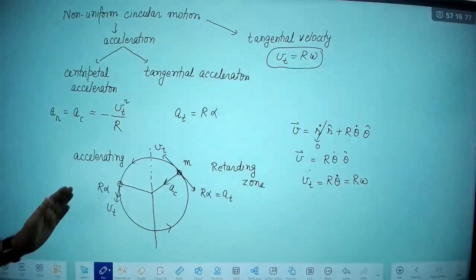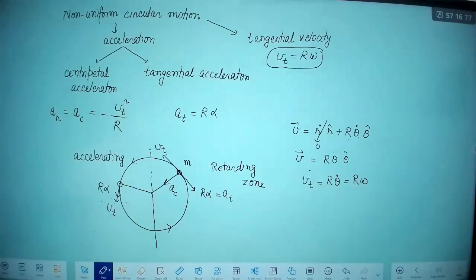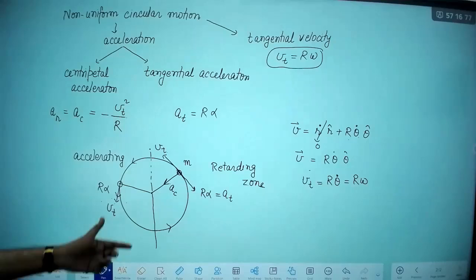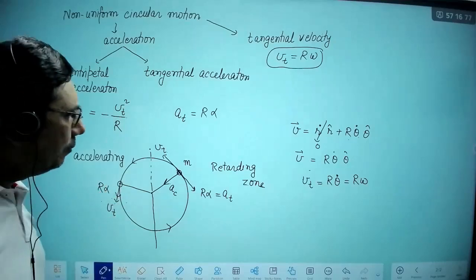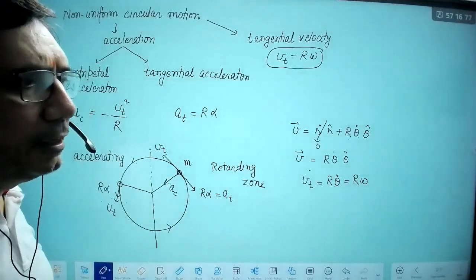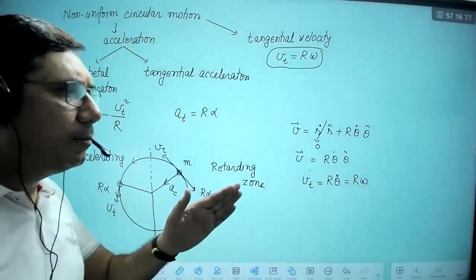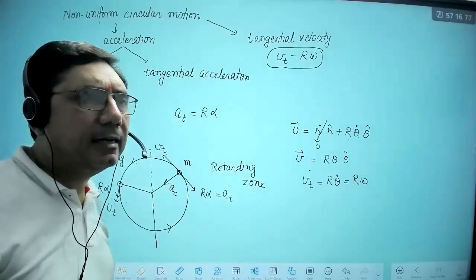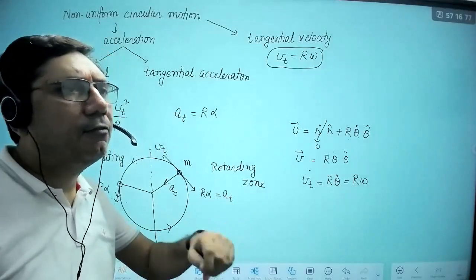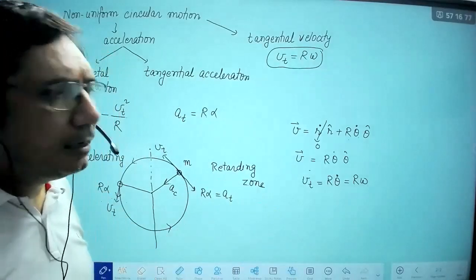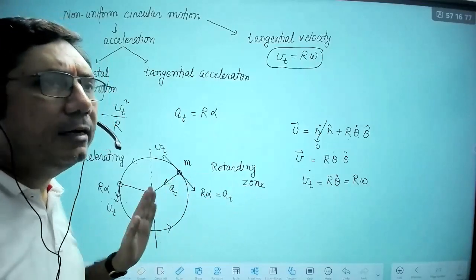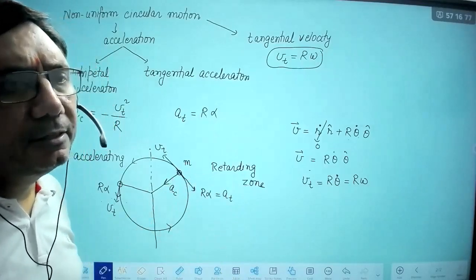So this is the situation for non-uniform circular motion. If you look at why this speed is changing, it is because a force in the form of weight is acting. Continuously a force is applied, ठीक है ना, whose component is parallel or anti-parallel, that's why speed is changing.